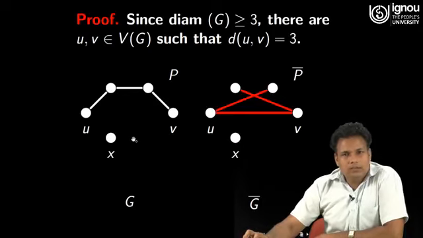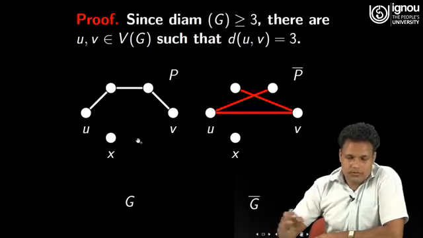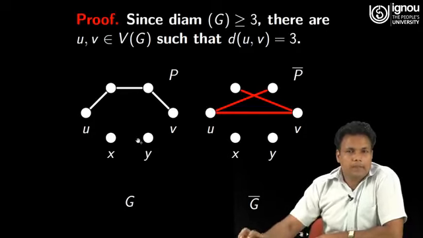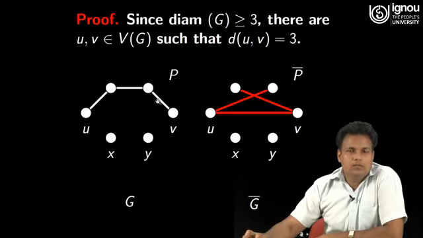Now let us look at the case where both X and Y do not lie on this path P. Now what happens?